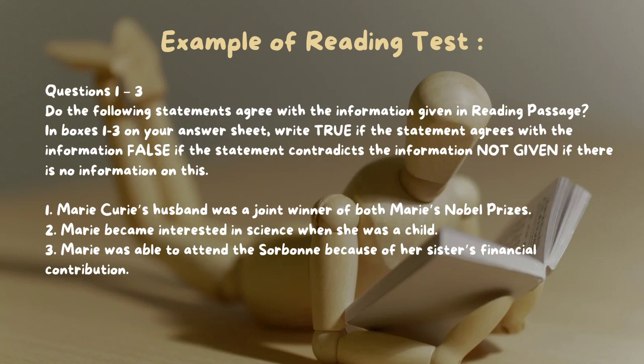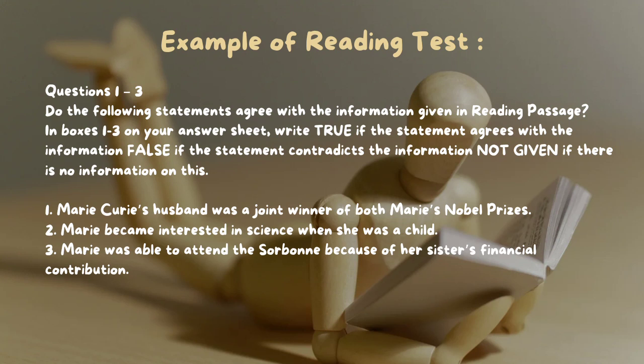And for example of reading test, question 1 until 3. Do the following statements agree with the information given in the reading passage? In boxes 1 until 3 on your answer sheet, write true if the statement agrees with the information, false if the statement contradicts the information, not given if there is no information on this. 1.